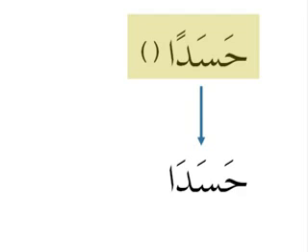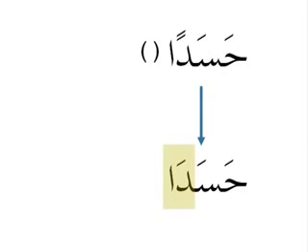However, if you're stopping, and we've got these two brackets here indicating the stop sign, then from the tanween you drop out the noon sakin. So you're left with, in this case, the dal with fatha. So instead of dan, you have da, just fatha, and you've still got the alif. Because of that, you read it as hasada.